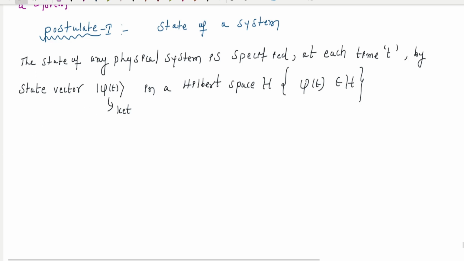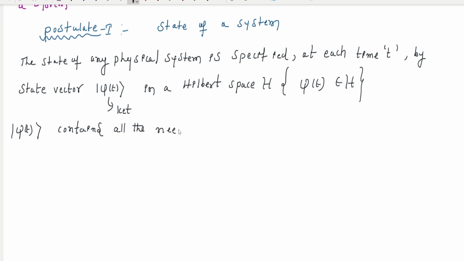So this wave function psi, the ket, contains all the needed information about the system, and also any superposition of state vectors is also a state vector.